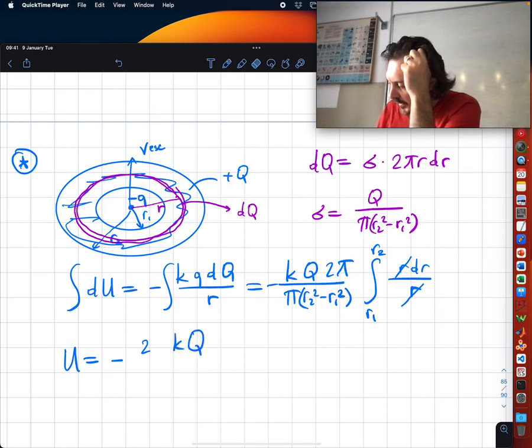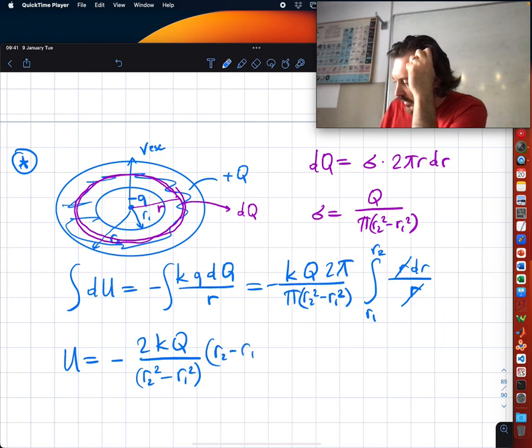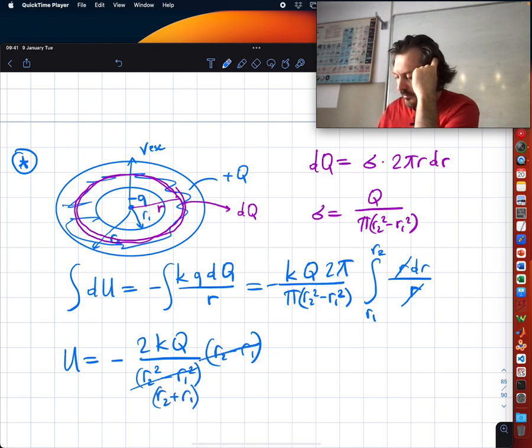The pi's go away, so let me write 2kq over (r2 squared minus r1 squared) times (r2 minus r1). I can cancel this with the top, and what remains here is r2 plus r1. Turns out to be a very nice, elegant problem.